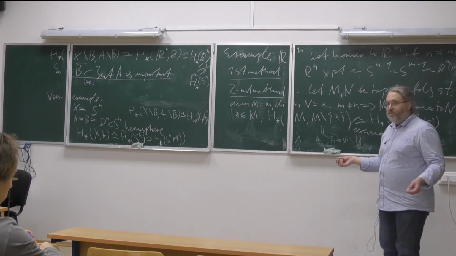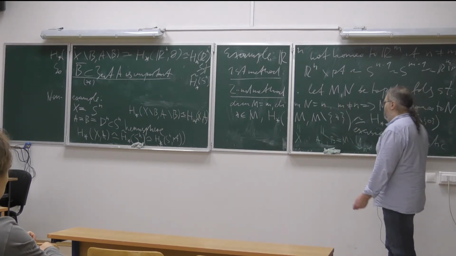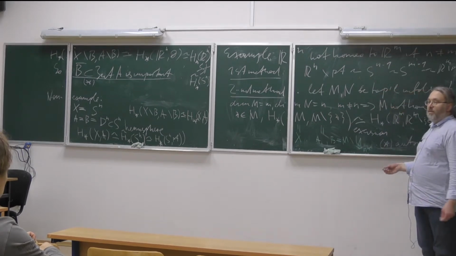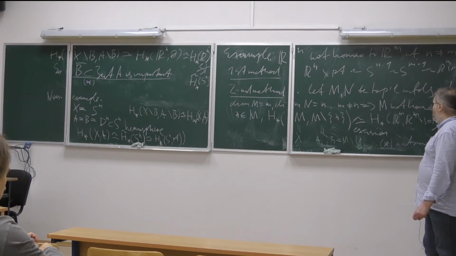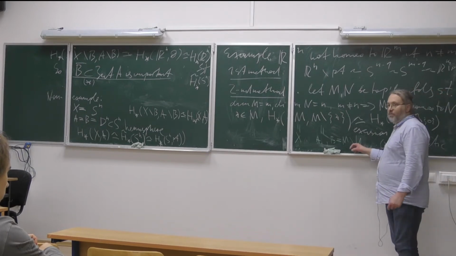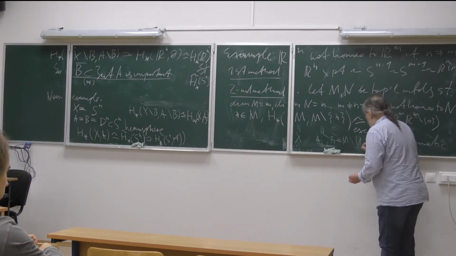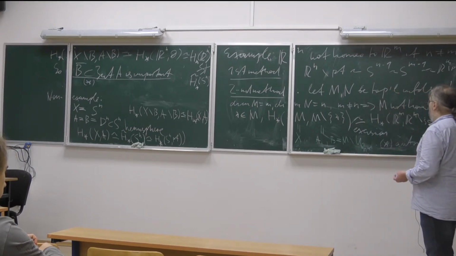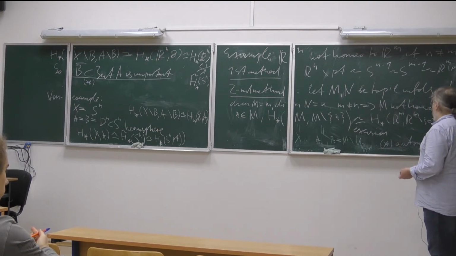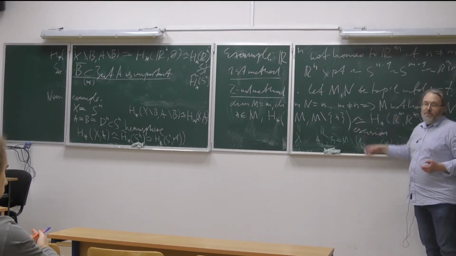Why? Because B is closed and A is open. I mean, B is M minus U, where U is homeomorphic to Rm. Okay, now does everyone agree with this equality?